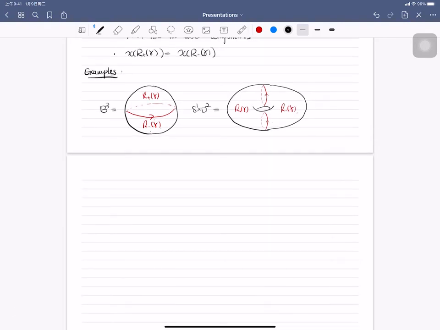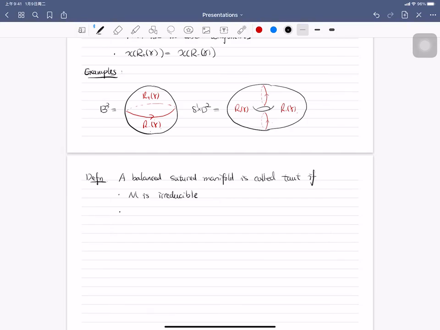There's another very important definition. A balanced suture manifold is called Taut if we have three more conditions. The first is that M is irreducible.